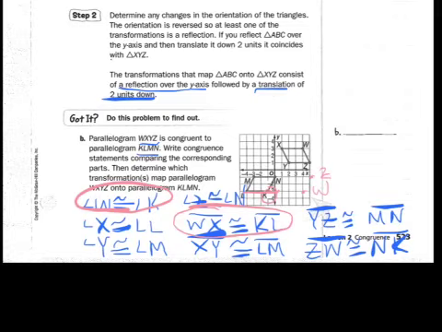And then Y, if we flip it over the x-axis, is going to be there. And then X will be right here. So now it's flipped correctly because WX and KL are the same way now.